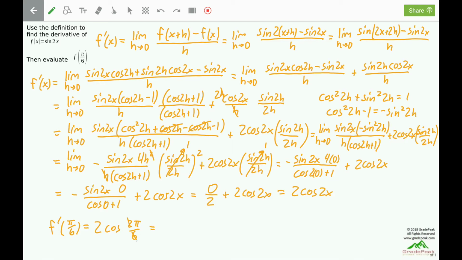We can reduce the 2 pi over 6 by a 2, and that will give us a pi over 3. We evaluate the cosine of pi over 3, which is a 1 over 2. Multiplying these, we get 2 over 2, which can reduce by 2, and we get a 1.